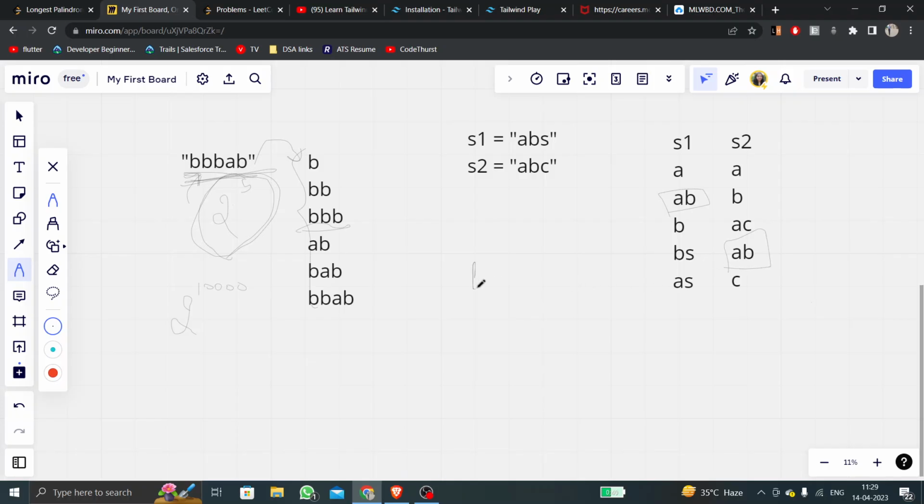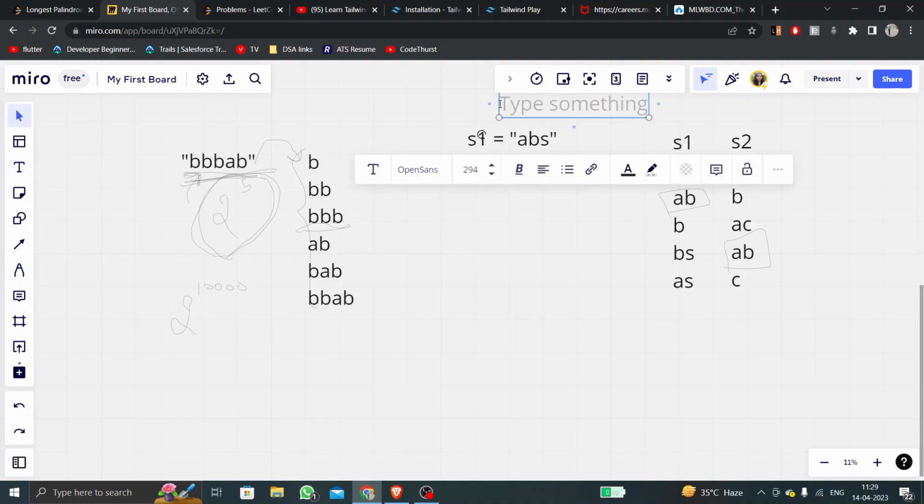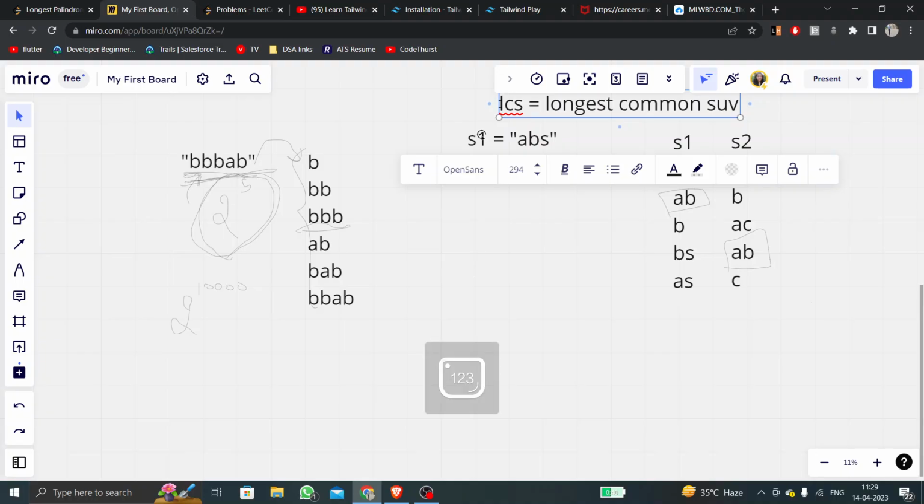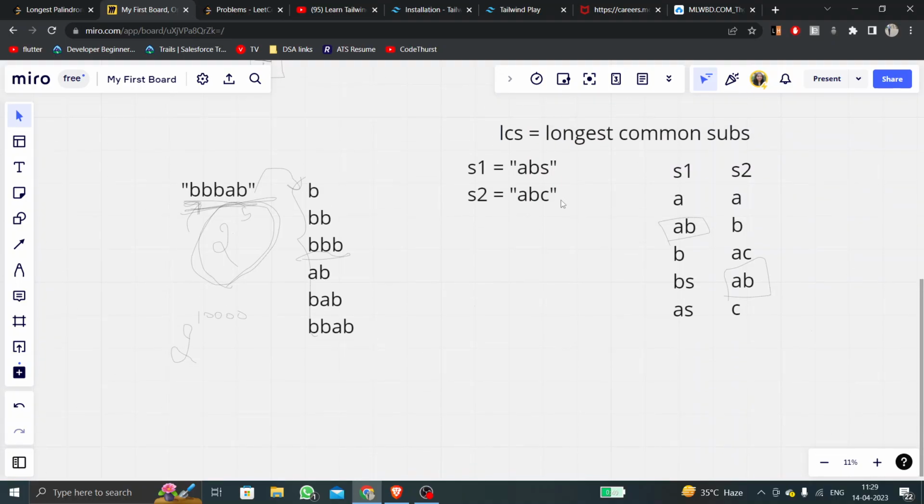That is LCS, longest common subsequence. Out of these two strings I have found a common subsequence, and there can be many common subsequences as well.